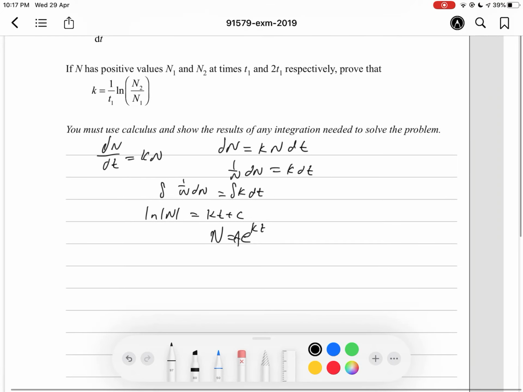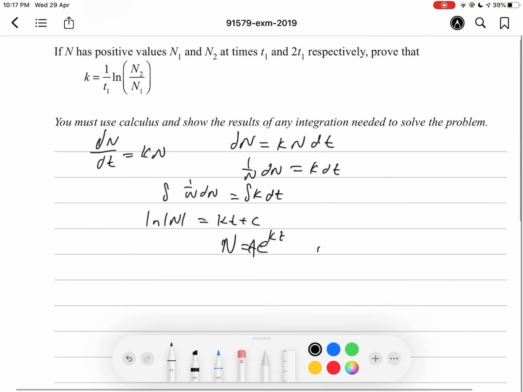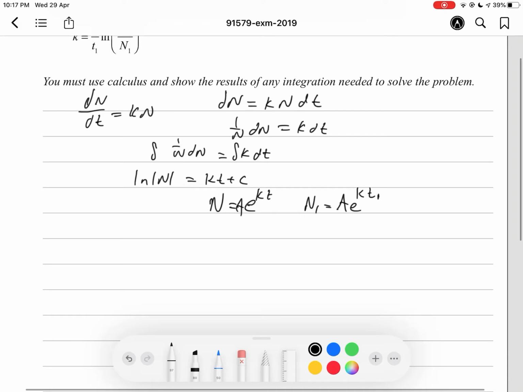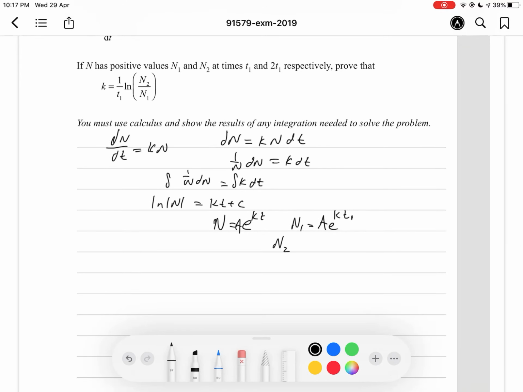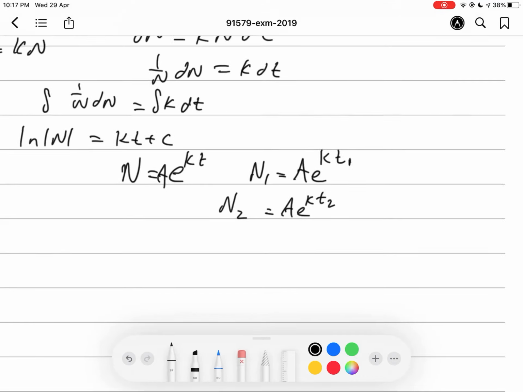Therefore n1 equals ae to the power of kt1, and we also know that n2 is equal to ae to the power of k times 2t1.